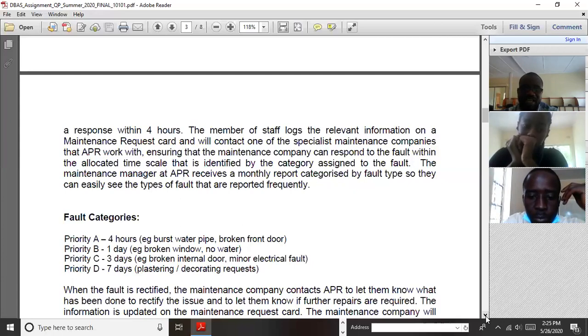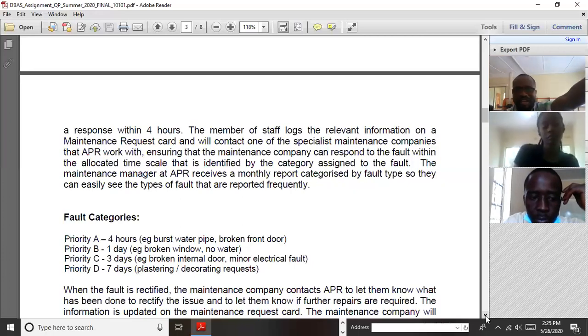So meaning it's not very urgent that, let's say, the door for the bathroom is broken or the door for the bedroom is broken. Do you think that is very, very urgent? Yeah. In fact, there are some houses where the door for the bathroom has never even been locked, or the door for the bedroom, the keys are lost.